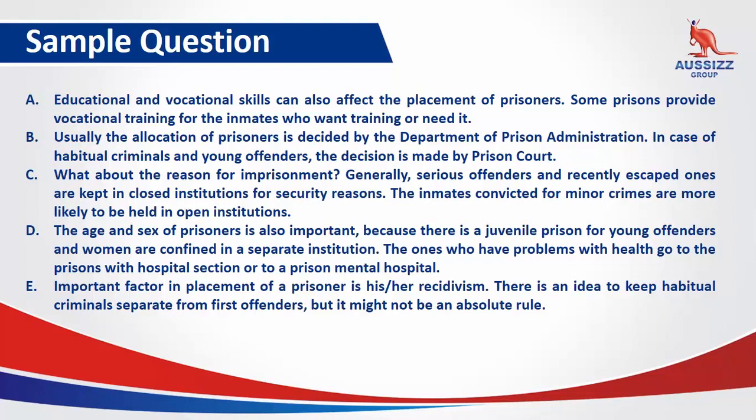So I would argue that C comes at number 4, because it talks about the reason for imprisonment. Lastly, I would say that B is going to be our 5th one, because it talks about how the prisoners are going to be allocated.